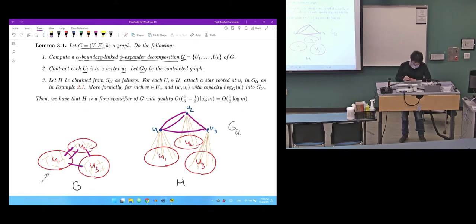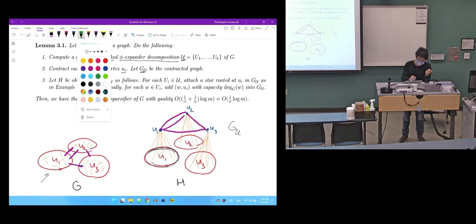And then for each part here, we have an expander. So what we try to do is use the idea we have seen before.